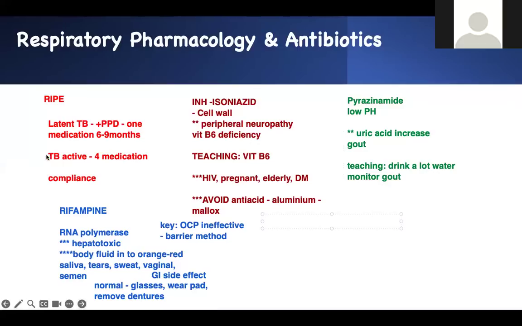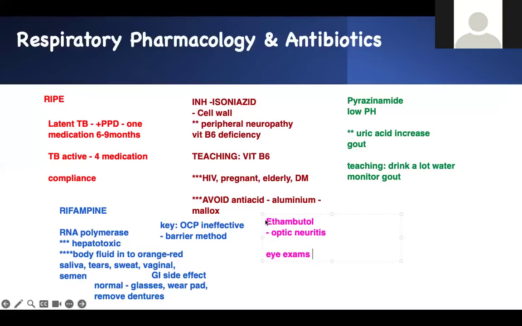And the last one is E. The E is ethambutol. This is because it's optic, based on the E, eye problem, optic, right? Optic neuritis, right? Inflammation of the eyes. And it's very important that you let them know about it. And so these people need eye exams.